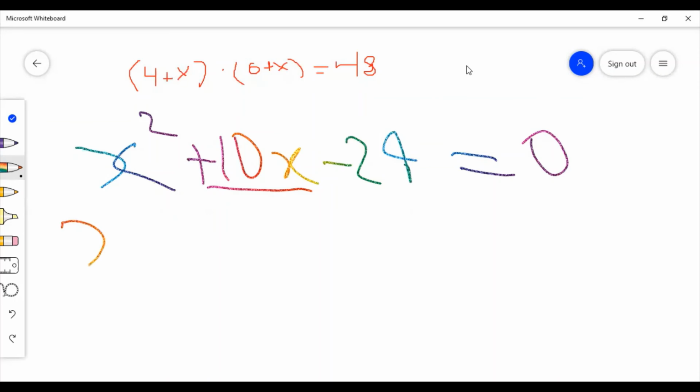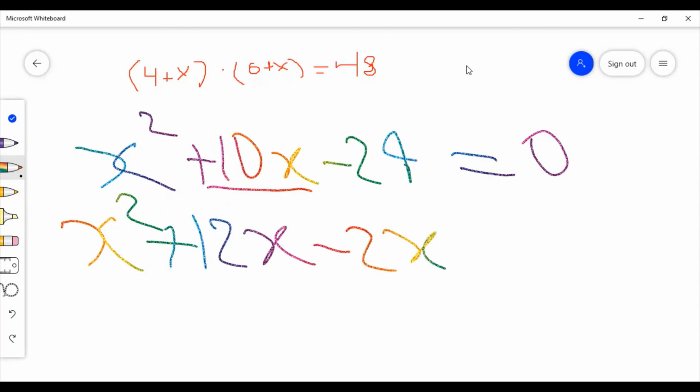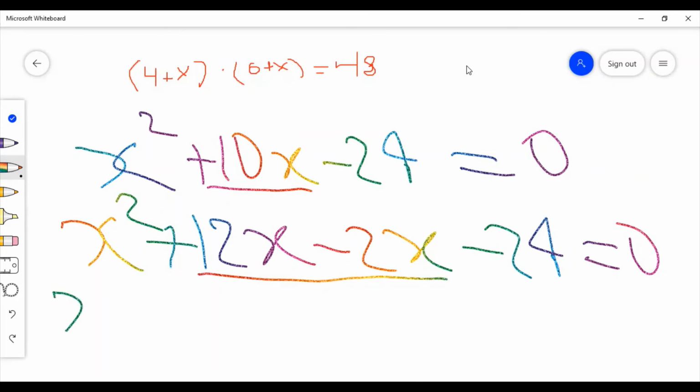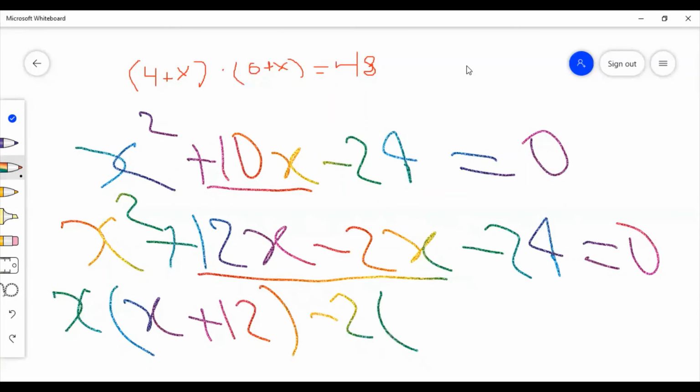So x squared plus 12x minus 2x. Am I right? This is the right breakdown to get 10. So from here we can get x plus 12 and minus 2, then x plus 12, this one.